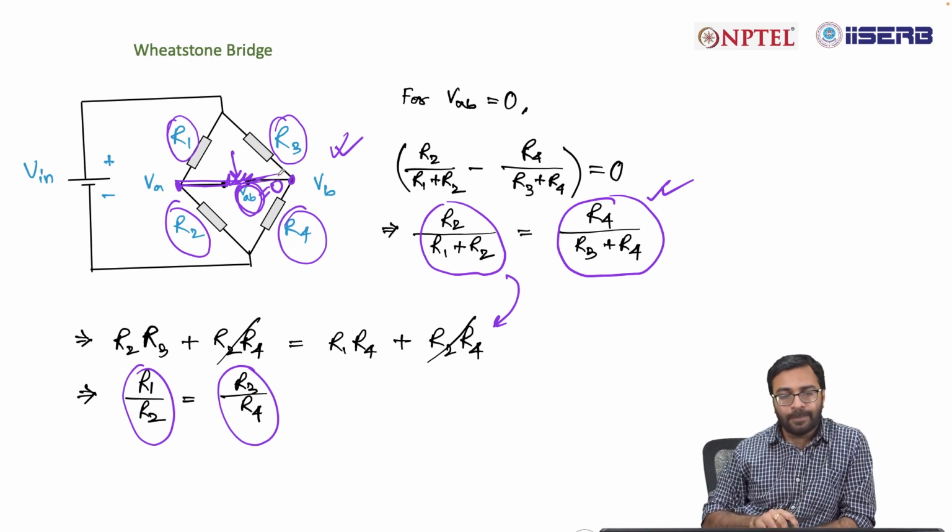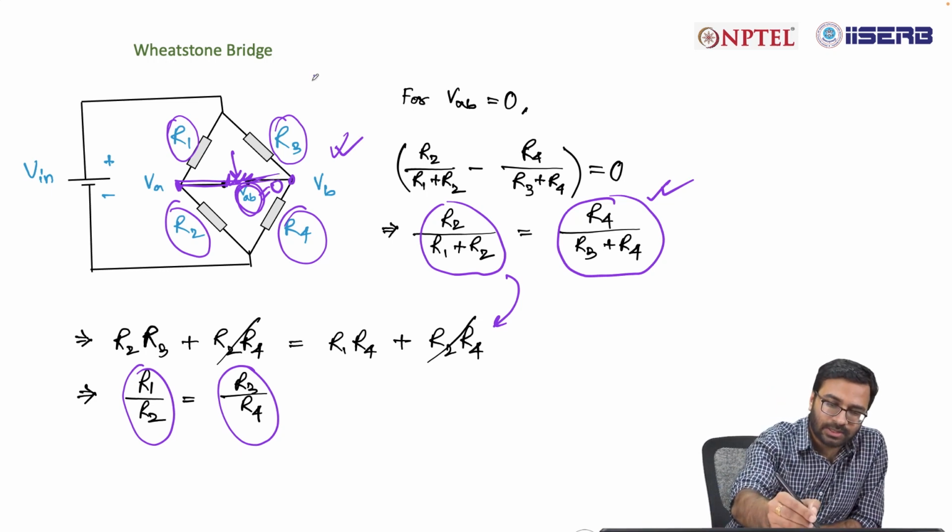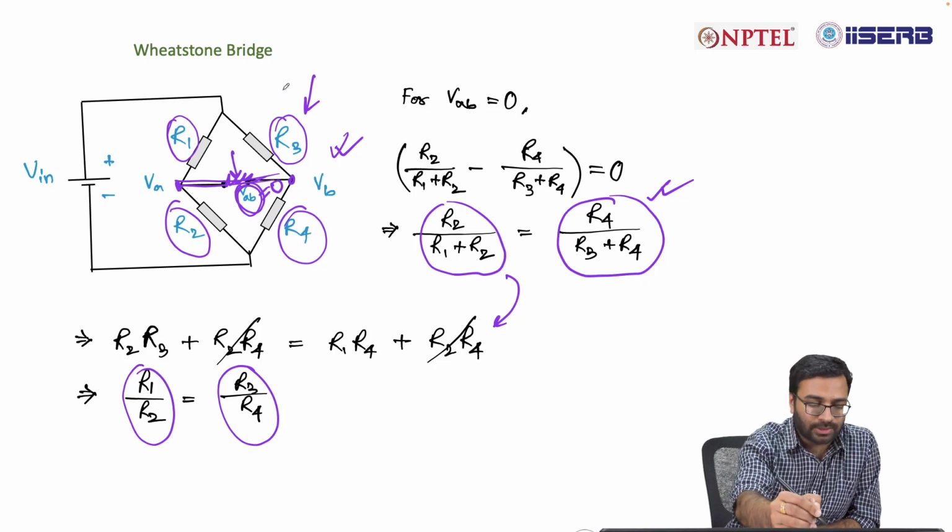In this case, you may replace one of the resistors with a resistive sensor.